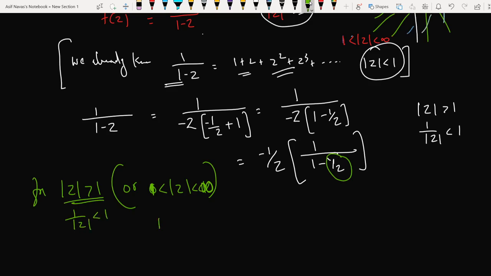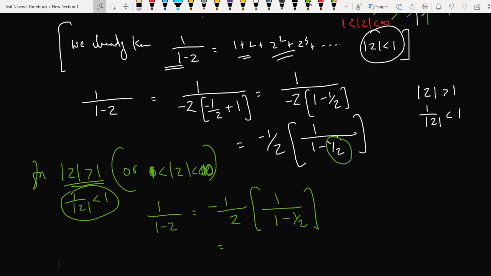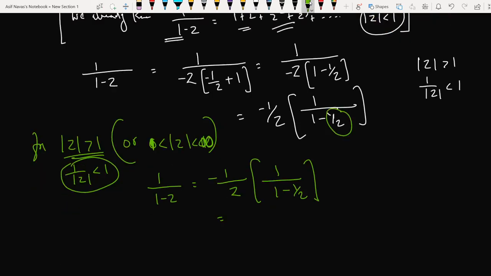So now we can represent 1 by 1 minus 1 by z, which is already less than 1, so we will use the Maclaurin series representation. Now we will replace z by 1 by z.